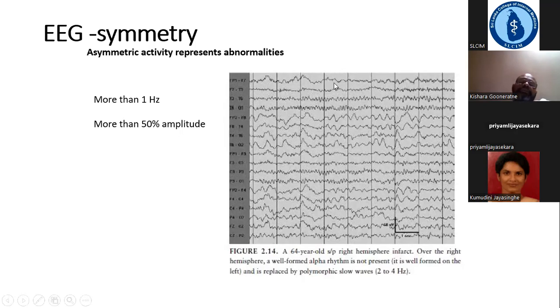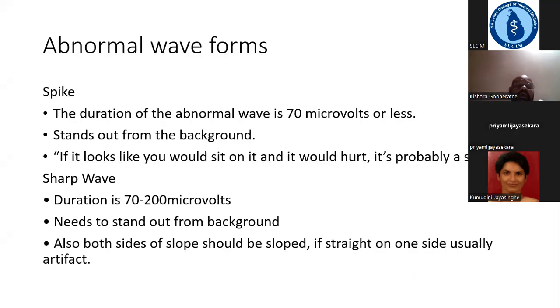So this is a good example of asymmetry between the right and the left hemisphere, and this was a patient who had a right hemispheric infarction. When you see this kind of asymmetry, you need to look out for a structural lesion involving the right hemisphere. So that is an example of asymmetry.